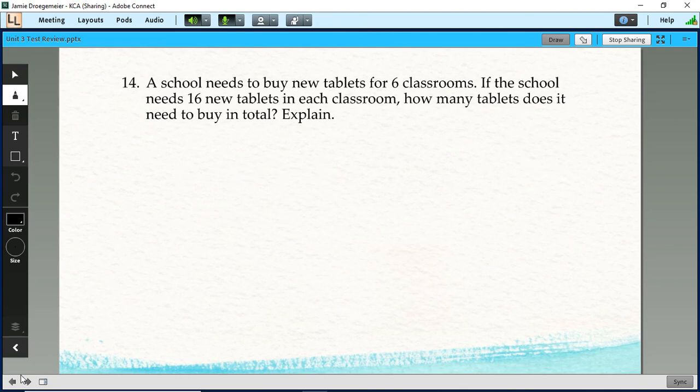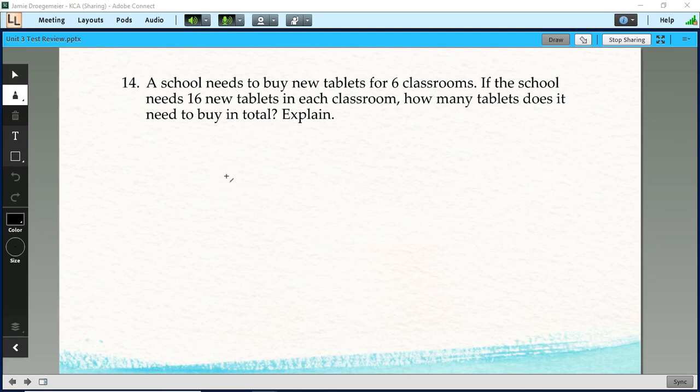All right, next one here says a school needs to buy new tablets for 6 classrooms. If the school needs to buy 16 new tablets in each classroom, how many tablets does it need to buy in total, and explain. So this would be a case of us needing to multiply, because we need 16 in each classroom.